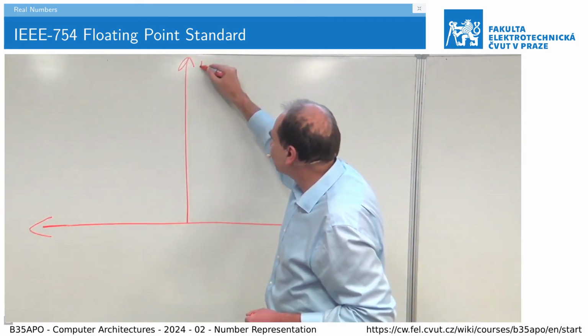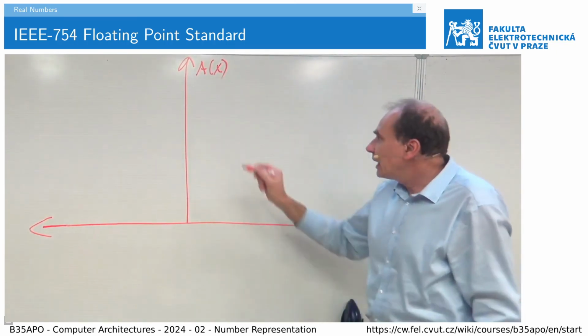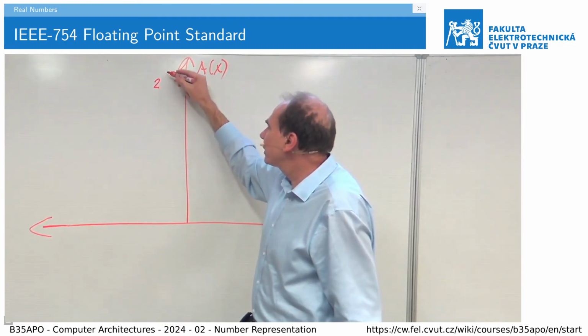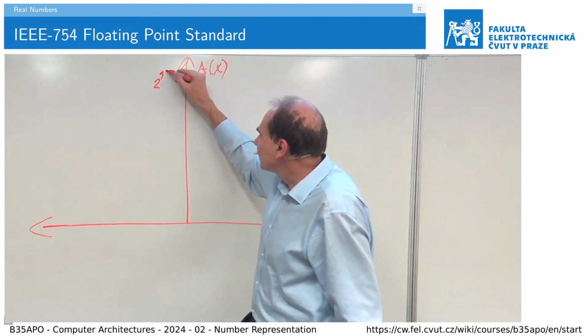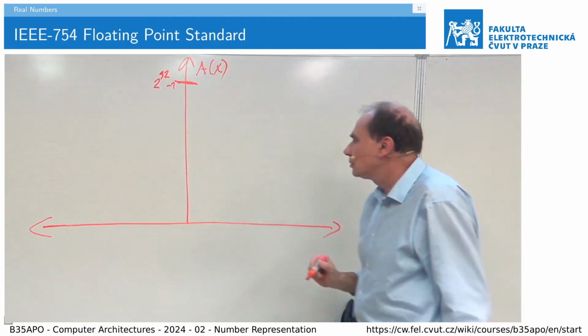So it is some axis representation. And this is limited. For example, it is limited to 2 power 32 minus 1, or the number of combinations is 2 power 32.